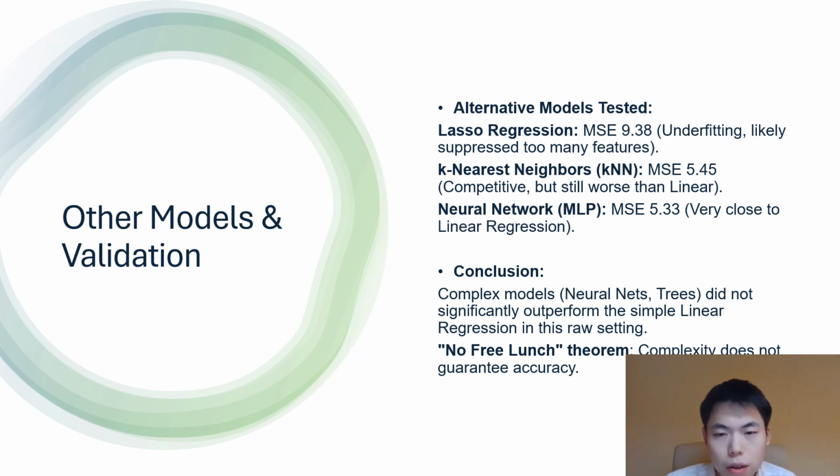As you can see, even complex models like neural networks performed similarly to the linear regression, and the lasso regression actually performed worse due to underfitting. So this comes back to the no free lunch theorem. Complexity doesn't guarantee better accuracy.